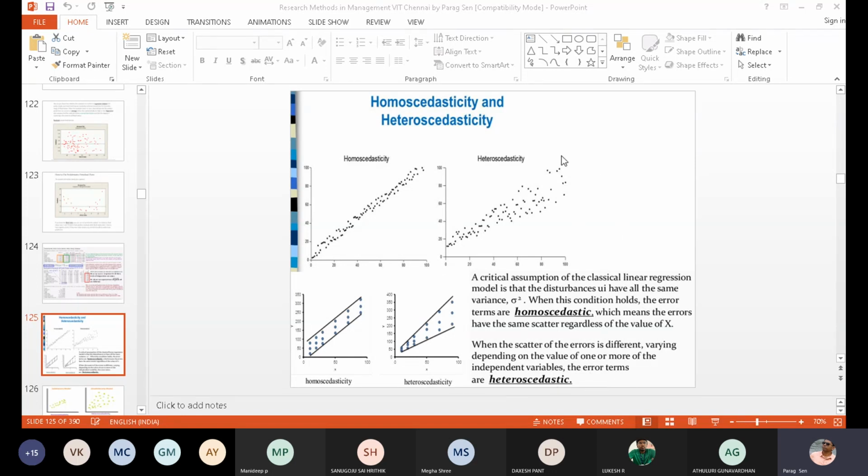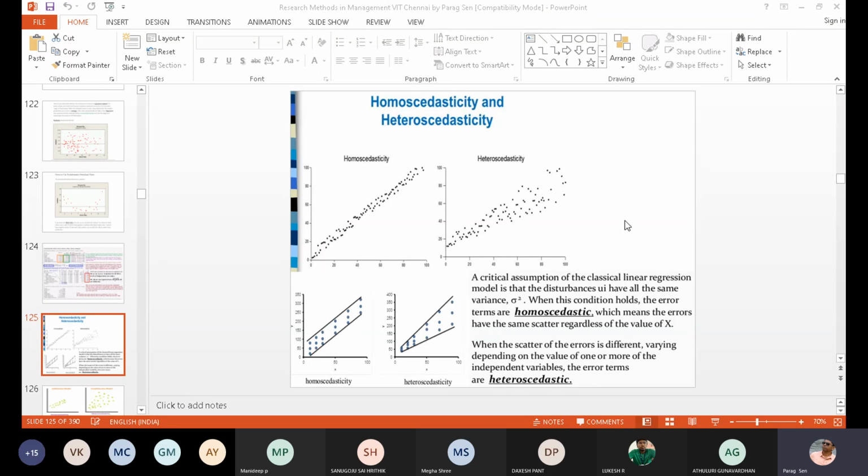So here it is given for the independent variable, but that will be the same for the estimated values as well. If the residuals vary based on the estimated values, that is not called error, it should be called residual, then you can understand that homoscedasticity is not there.